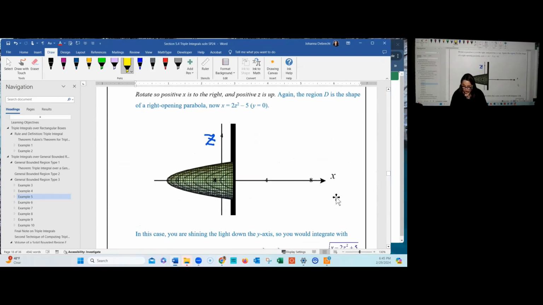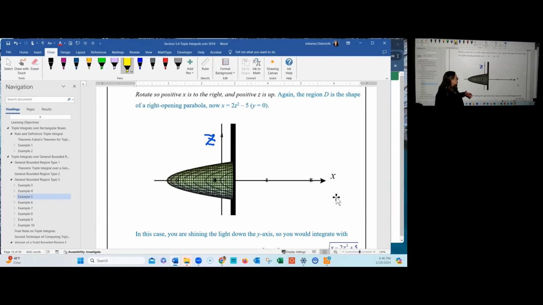This is our region right here, which is projected when y is equal to 0. By setting y = 0 into our equation, we get x = 2z² − 5, which is the equation of a right opening parabola in the xz plane, where x is now the independent variable and z depends upon x. This opens to the right.